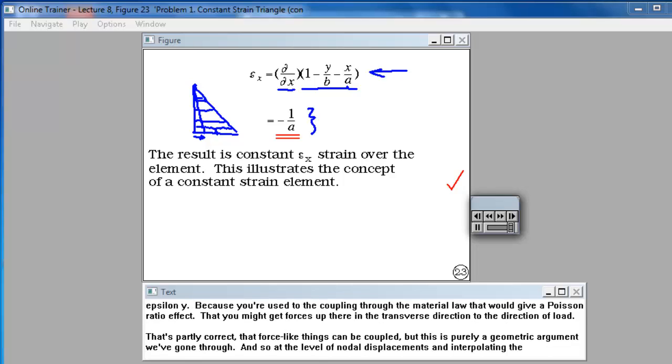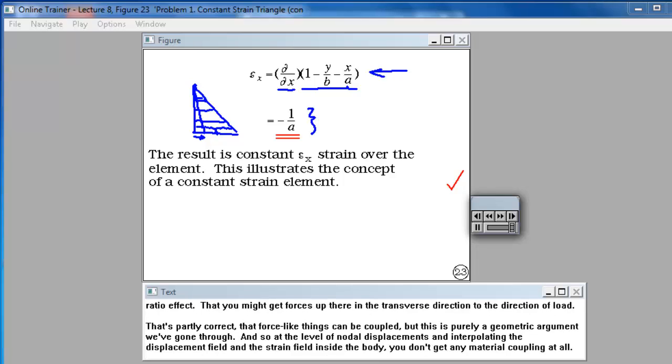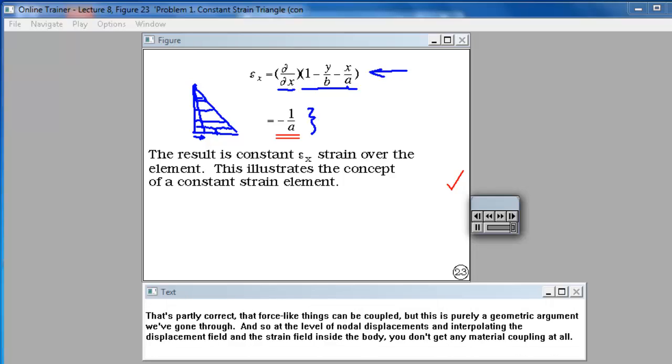That's partly correct, that force-like things can be coupled, but this is purely a geometric argument we've gone through. And so at the level of nodal displacements and interpolating the displacement field and the strain field inside the body, you don't get any material coupling at all.